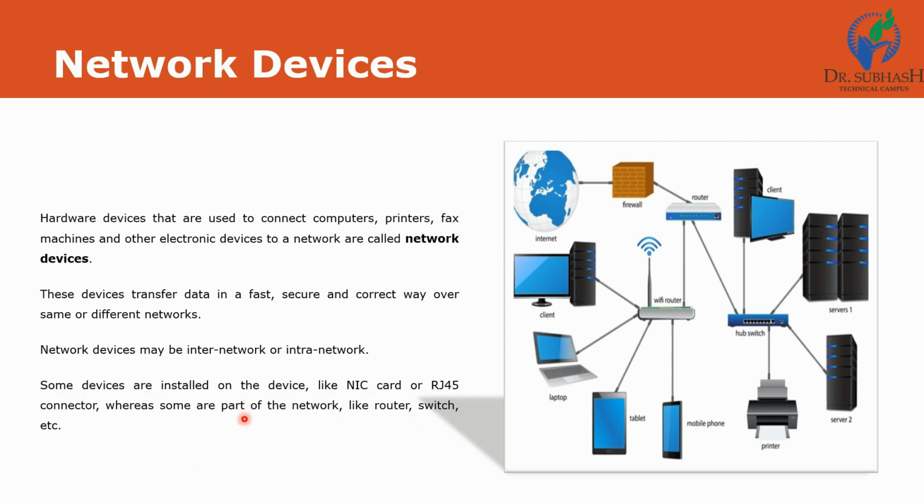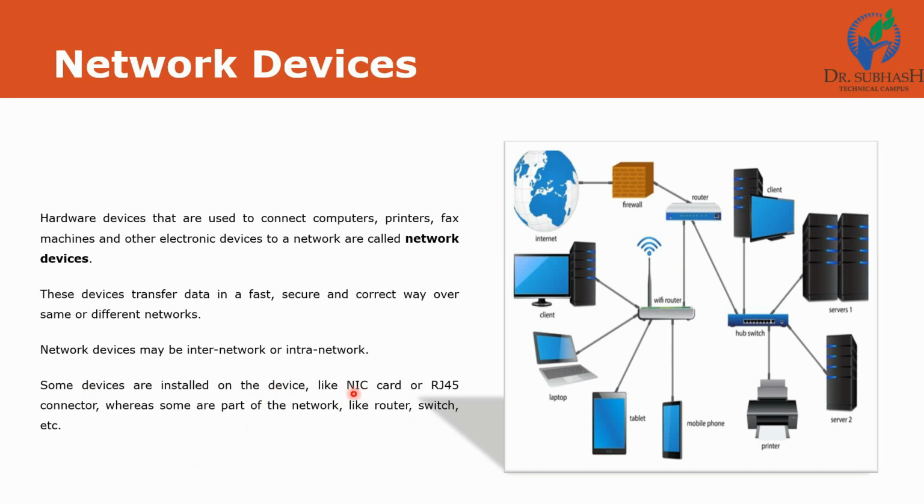See here, there is a categorization of network devices. Some devices are originally mounted on the motherboard or installed somewhere in the cabinet, and some devices are external to the computer.